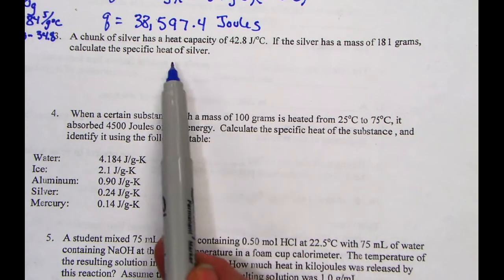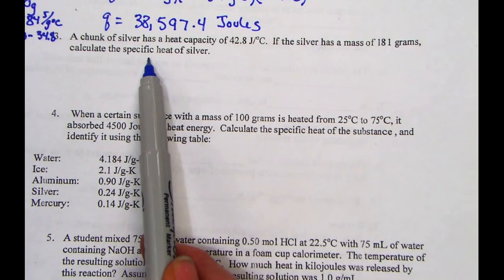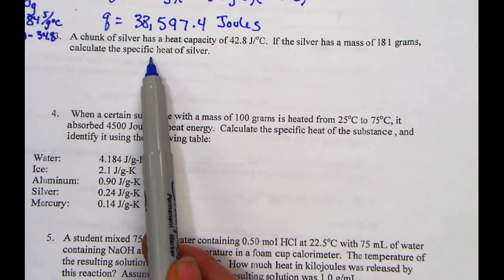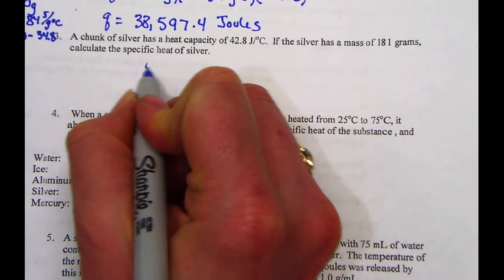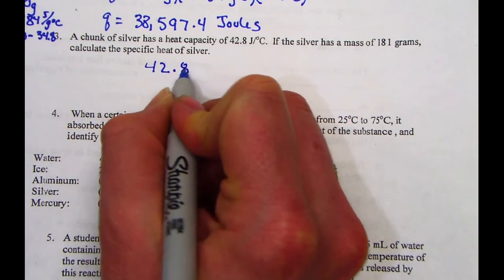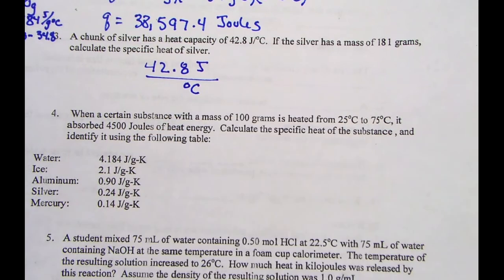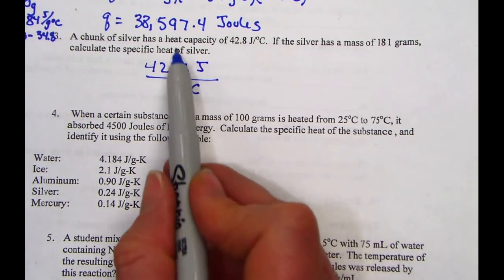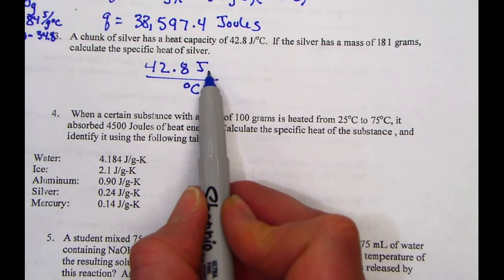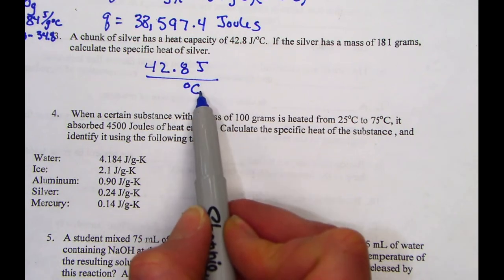We're being asked to convert that into specific heat, which is for 1 gram of the object. We will do this by taking our heat capacity value, 42.8 joules per degree Celsius. Again, defining heat capacity, this is the energy needed to raise the entire chunk of silver by 1 degree.